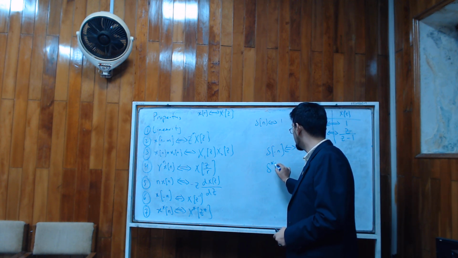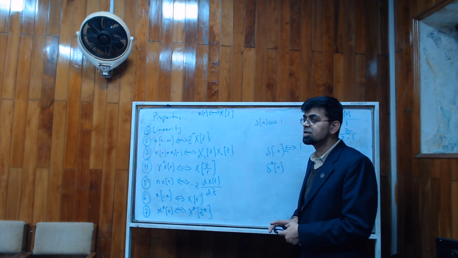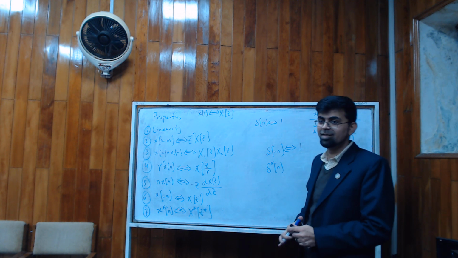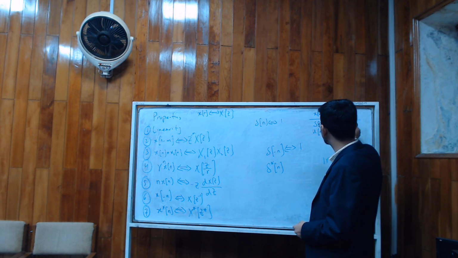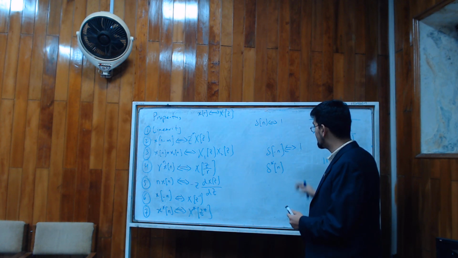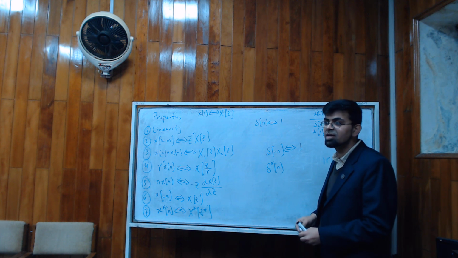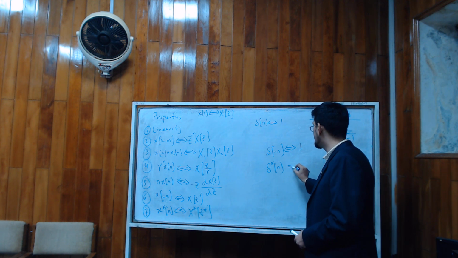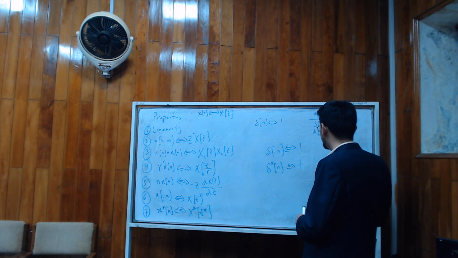What's the transform of this? First you try to replace z with z conjugate, but z is not there, so it's still 1. Then you take the conjugate of 1, which is a real number, so it doesn't really affect anything, so it's back to 1. Clear? Okay.